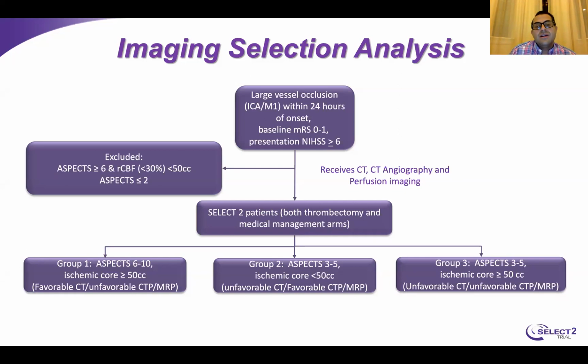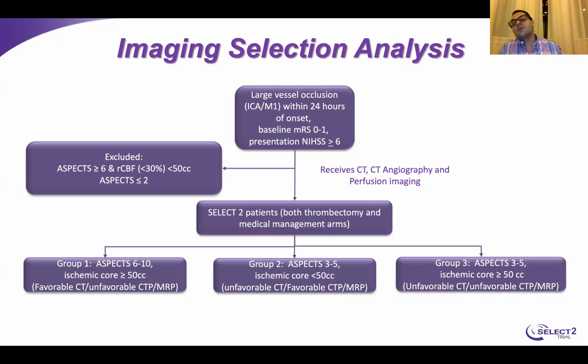What's going on here? If a patient has an ischemic core greater than or equal to 50 cc's on CT perfusion or MR perfusion, but their ASPECTS score is 6 to 10. So that's by definition favorable CT, unfavorable CTP. That's one group. The group 2 would be, of course, the patient who has unfavorable CT, so ASPECTS 3 to 5, and then a favorable CT perfusion.